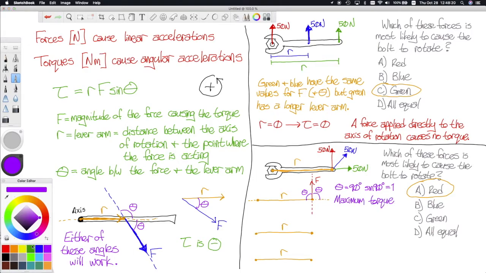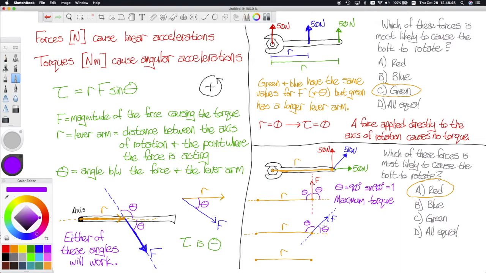If we look at this same process for the blue force, the blue force is directed up and to the right. So if we follow that same approach and extend with dotted lines both our force and the lever arm, we could get either of these two angles here, either this theta or this theta.